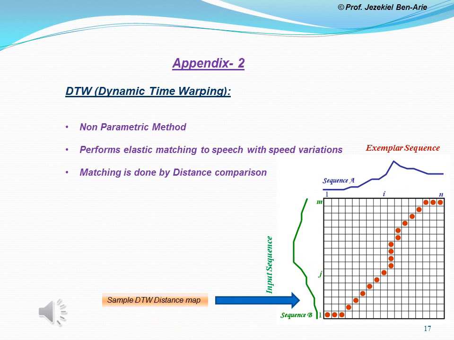Exemplar sequence, or sequence A, in this case, is placed on the horizontal axis, and input sequence, or sequence B, is placed on the vertical axis. The red dots represent the minimum cost path found after applying the complete DTW algorithm.